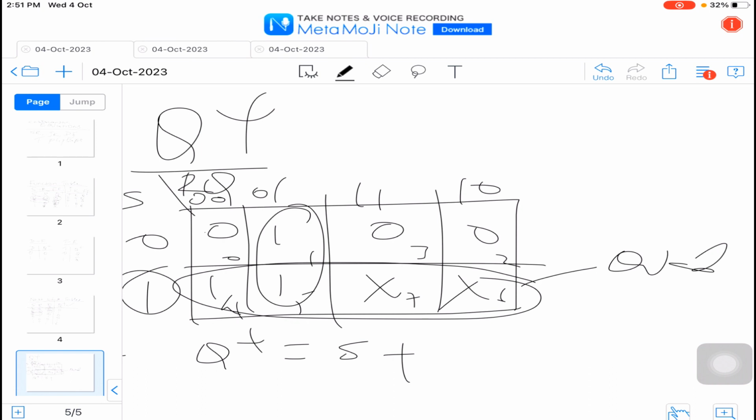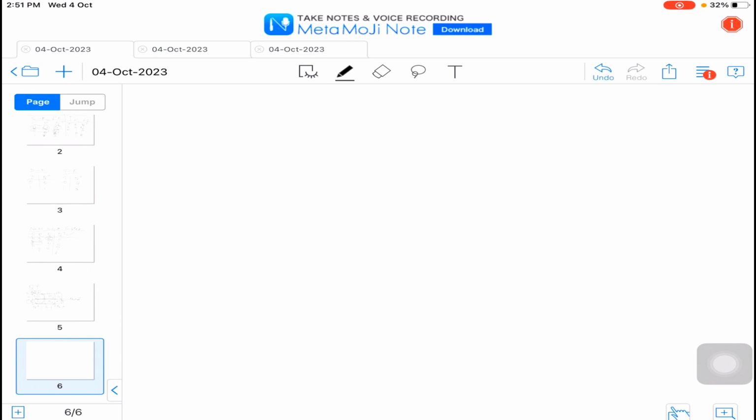Now in the pair, 0 and 1 get cancelled, and what remains is R bar and Q. So this is the characteristic equation of the SR flip-flop.